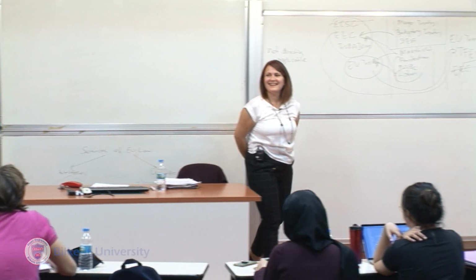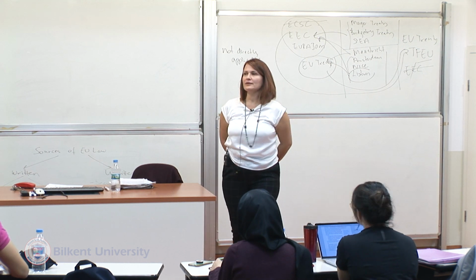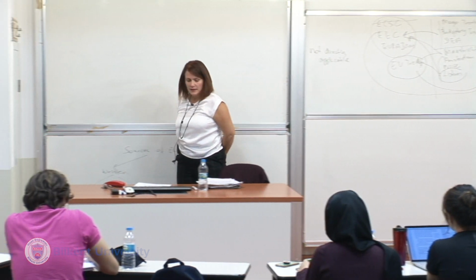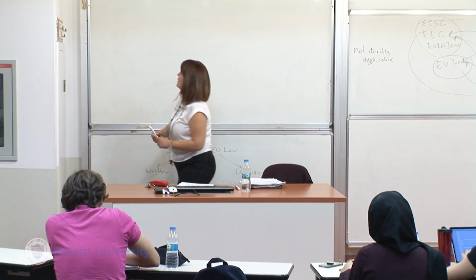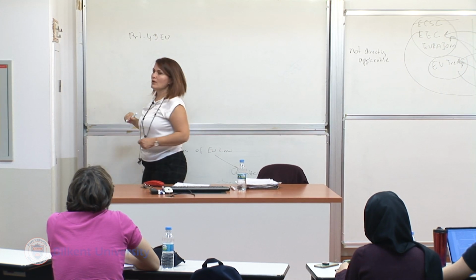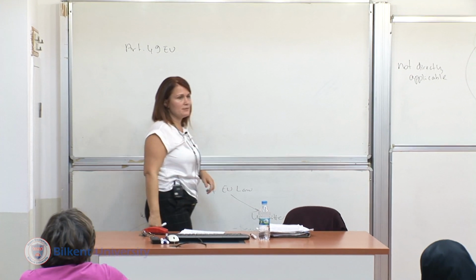Okay, true. The accession conditions are provided in the founding treaties. The treaties provide for the accession process. This provision, which is now found under Article 49 of the EU Treaty, was subject to changes in the history of the EU a couple of times.